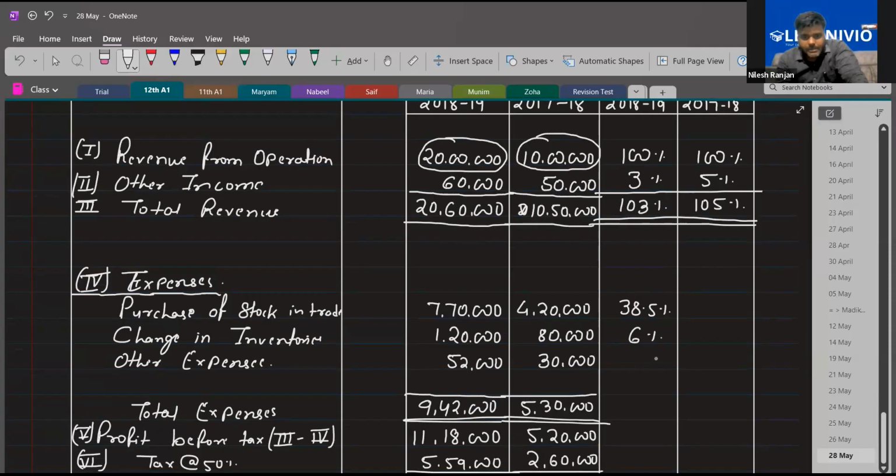And it will be 2.60. Then 942, it will be 47.10.